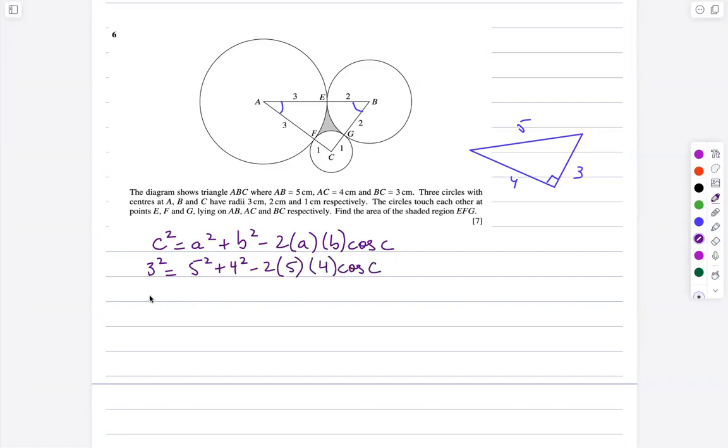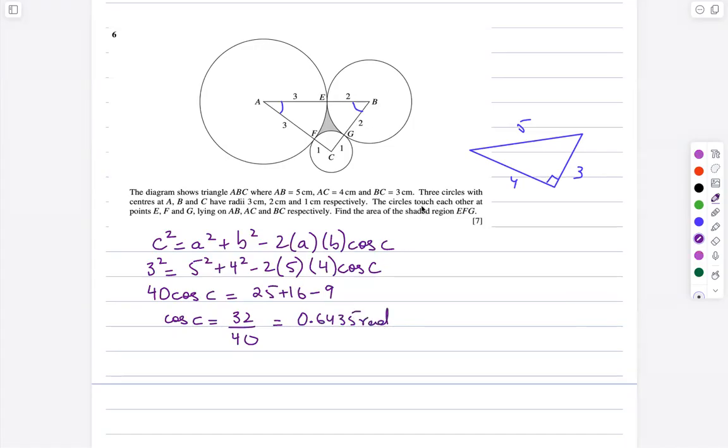Rearranging the expression, 2 into 5 is 10, times 4 is 40. Cos of c is equal to 25 plus 16 minus 9, so cos of c will be equal to 41 minus 9, which is 32 upon 40. Taking cos inverse, making sure the calculator is in radian mode, cos inverse of 32 divided by 40 will be equal to 0.6435 radians.